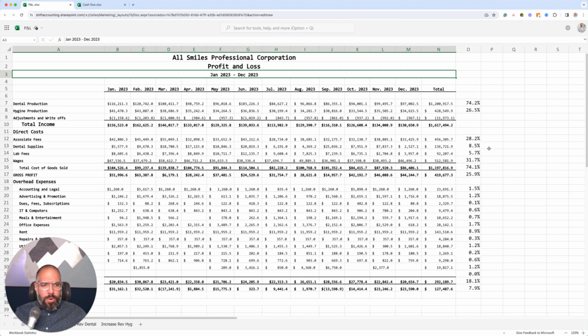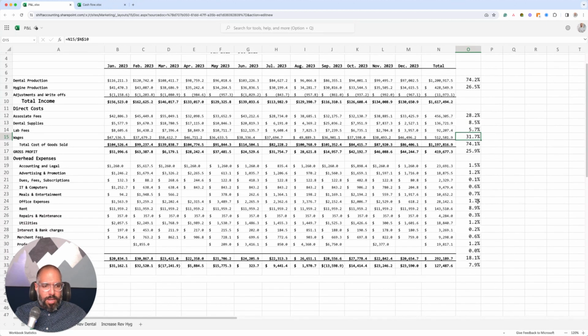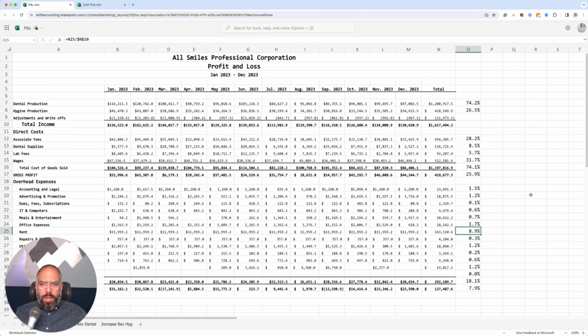So we could see that dental supplies is high at 8.5%. Wages is high at 31.7%. Rent is high at almost 9%. So let's talk about two strategies of cost management and what the impact would be for this clinic.